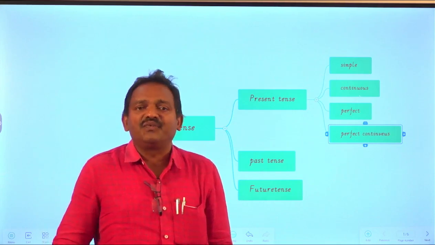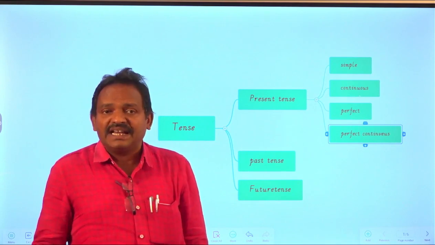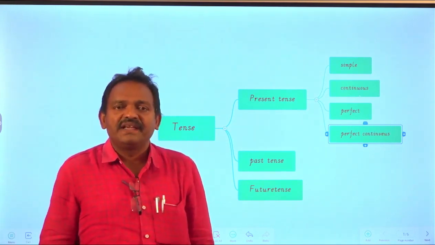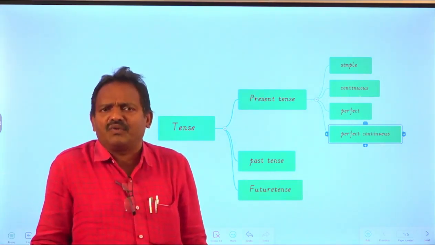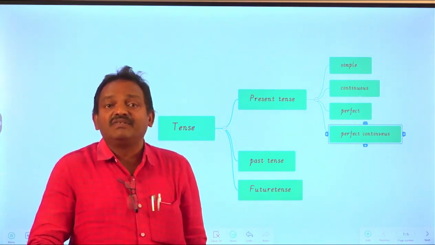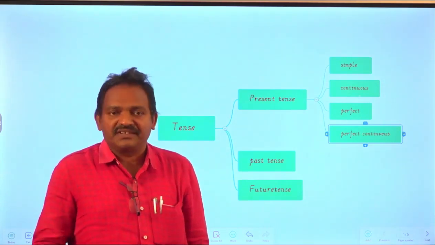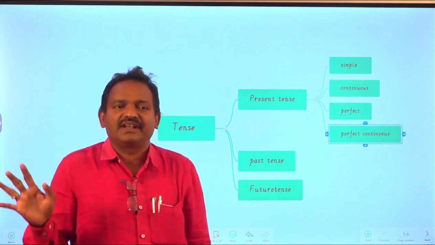So then go for the future tense. Future tense tells us about an action which will be done in the future time. An action which will be done, that means tomorrow or the day after tomorrow, whatever it may be. But not at present, and not yesterday. It will be done in the future. This is what is denoted as future tense. Here the verb form is will or shall plus V1.